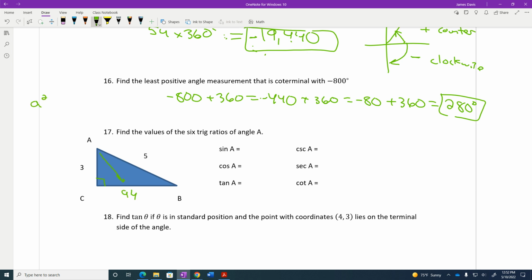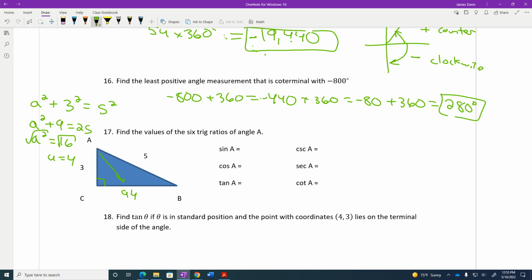You would say a squared plus 3 squared equals the hypotenuse squared, 5 squared, and solve for it. You get 25, you subtract the 9. A squared is 16. So A is 4. So that's how we get there if you didn't know that it's a 3, 4, 5 right triangle. This one's used a lot.